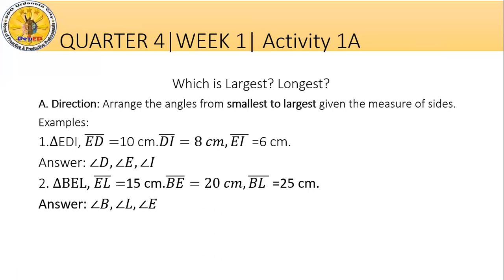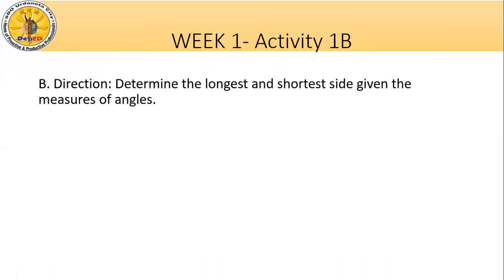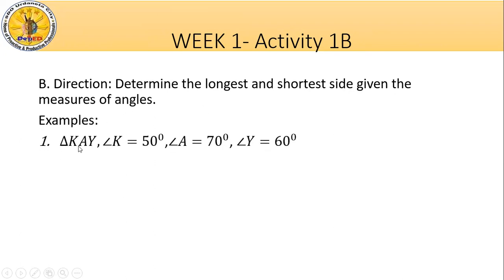Did you understand? Next, for activity 1B, the direction is determine the longest and shortest side given the measures of the angles. So, example, in triangle KAY, angle K is 50 degrees, angle A is 70 degrees, and angle Y is 60 degrees. You look at the largest angle.